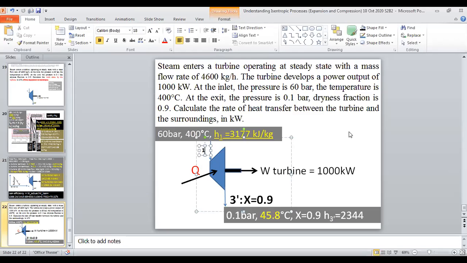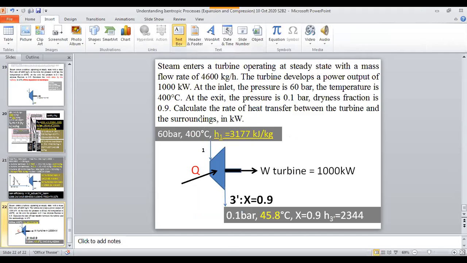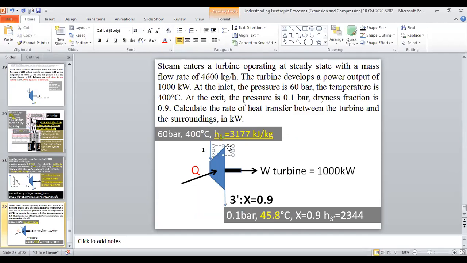So I will take now energy here, E1. Of course, there should be energy flow with the working fluid. With the working fluid, energy is fully packed.